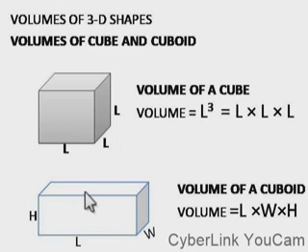A cuboid has 6 faces, but what type of faces? Rectangular faces, because their faces look like a rectangle, whereas the faces of this one look like what? A square. So a cuboid has 6 rectangular faces, while a cube has 6 square faces.